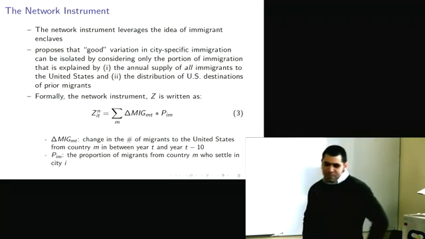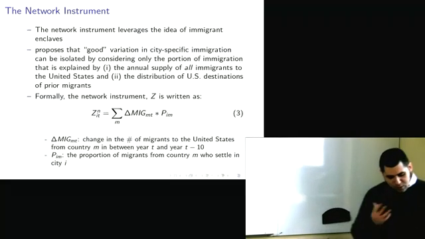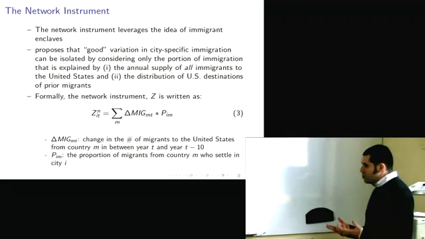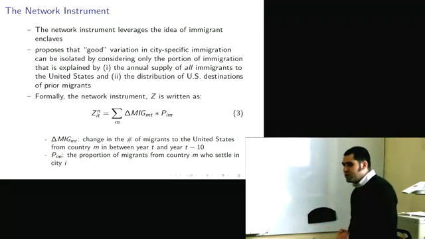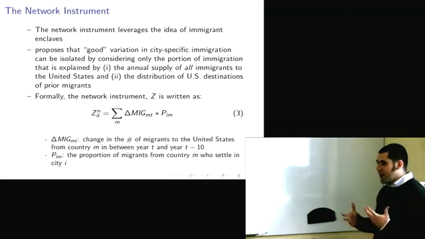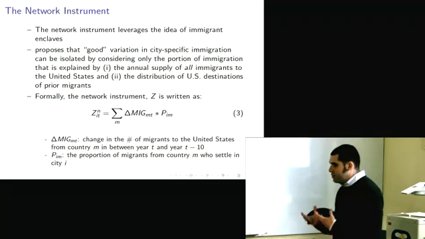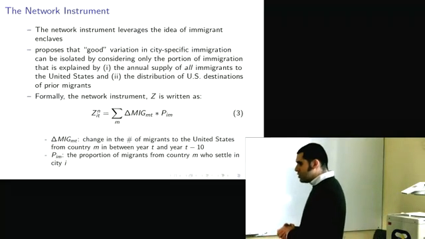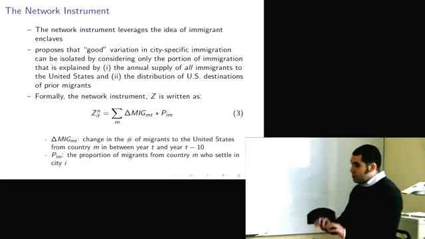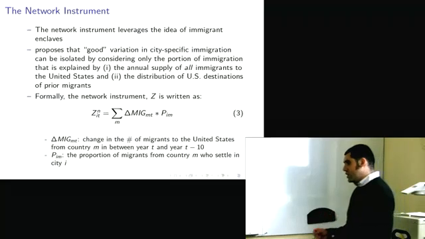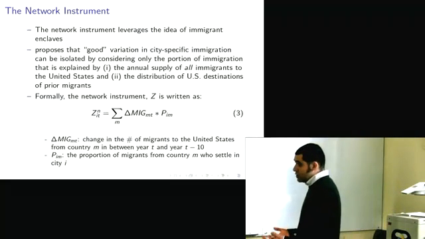Right, so that's a good point. We can think about a percent change or a percentage point change. In this literature, we generally think about a percentage point change because we're interested in the effect of the composition of the city on what happens to natives. You can think about Mobile, Alabama. A 1 percentage point change would be a huge impact there, or a 1% change, I should say, would be a small impact there. A 1% change would be a big change in the composition in Los Angeles.